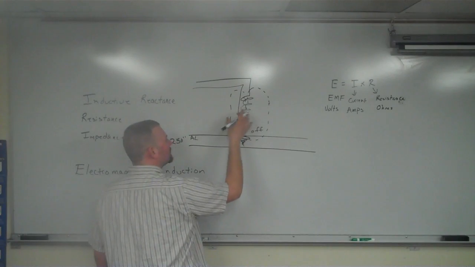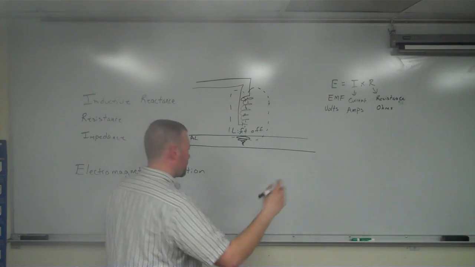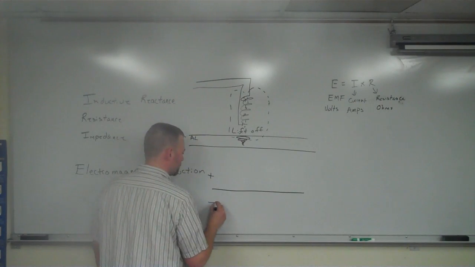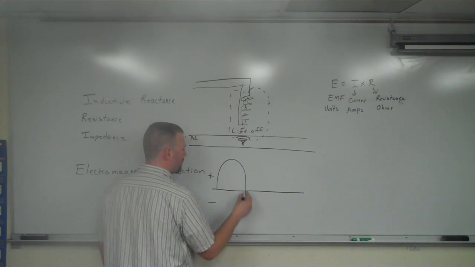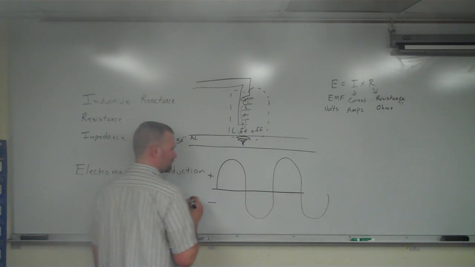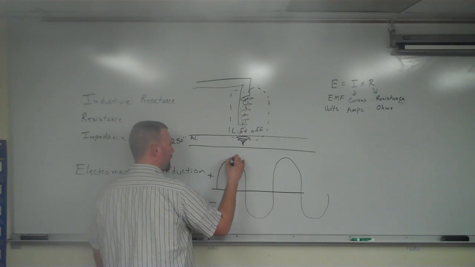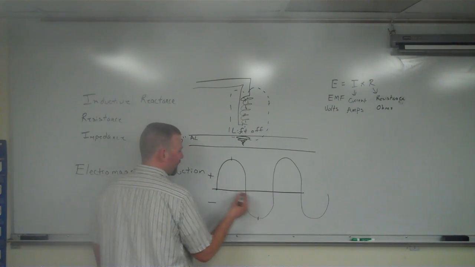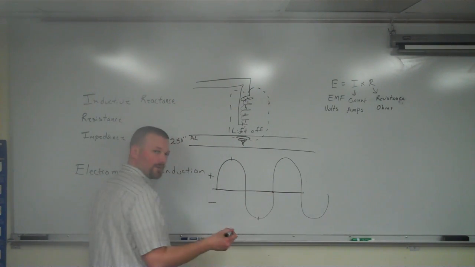Okay? Now it's going to expand and collapse with the alternating current. Okay, so if we've got alternating current here, we've got positive, we've got negative. If we start at 0, it's going to continue to travel like this forever. Okay? So we've got positive maximum, negative maximum, or opposite maximum, and we've got one wave to one wave. Okay?